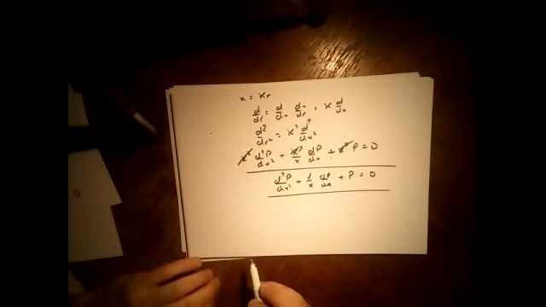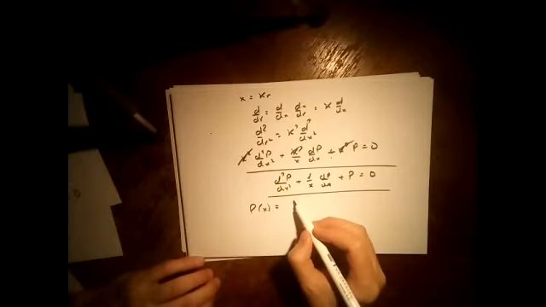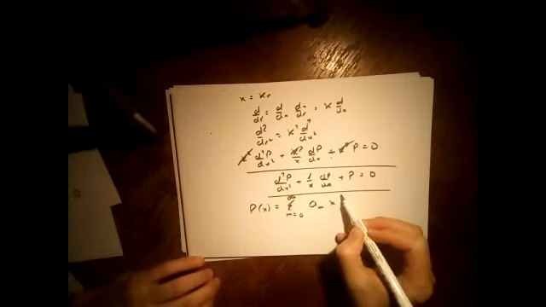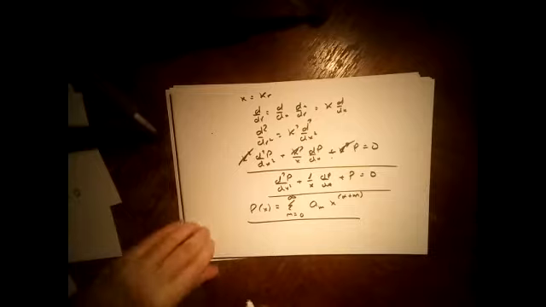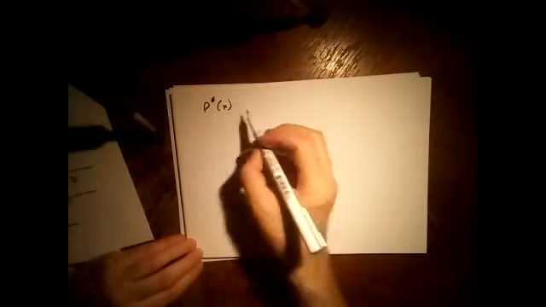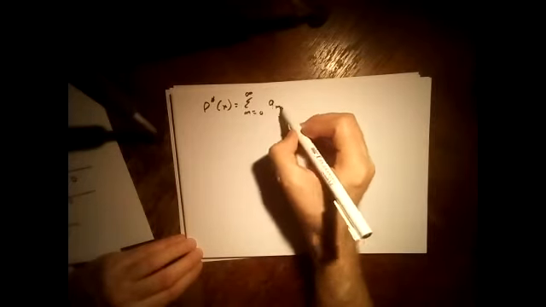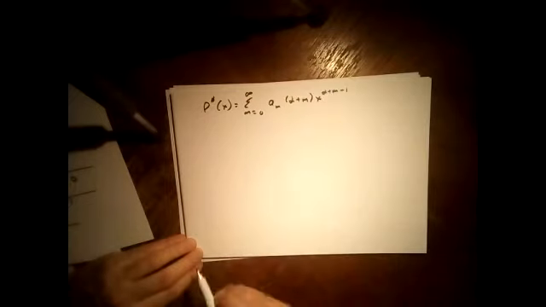So we have our equation here, and we can take p of x to be the sum from m equals 0 to infinity of a coefficient a_m times x to the alpha plus m. That's going to be my ansatz to solve this equation. Let me state the first derivative: the sum from m equals 0 to infinity of a_m (alpha plus m) x to the alpha plus m minus 1.